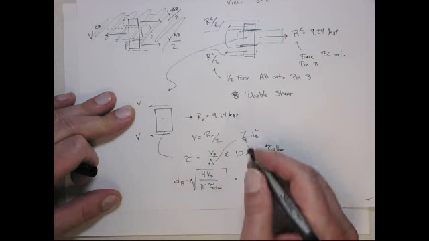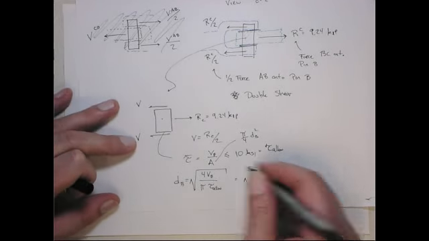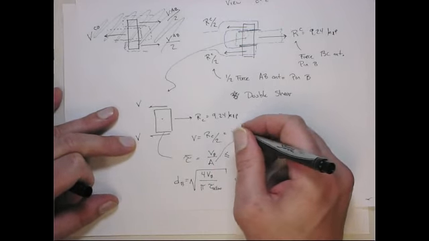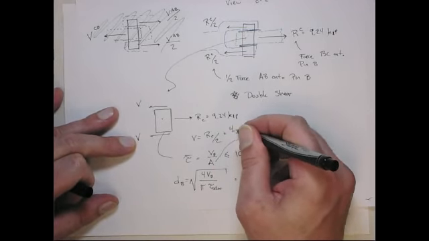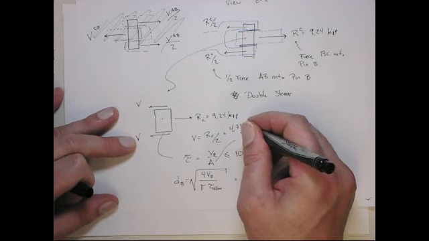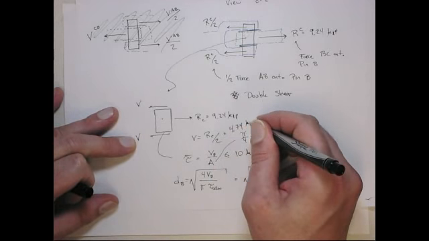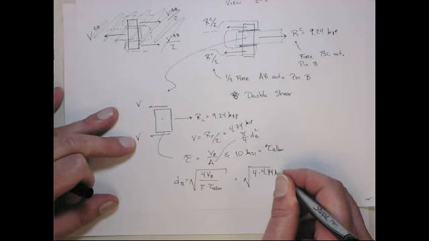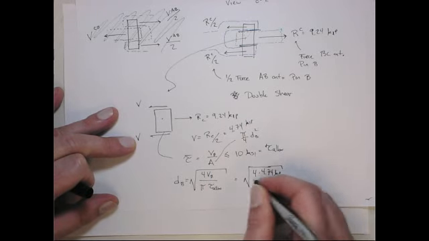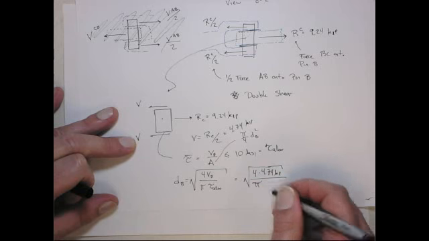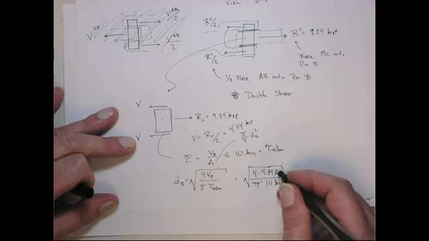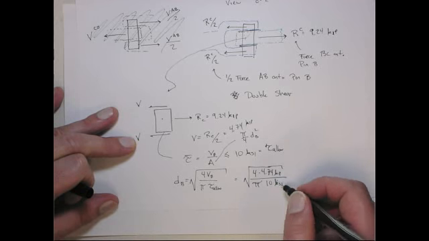So that is 4 times the reaction force V, which is half of this, so 4.74 kips, over pi, and then the tau allowable is the 10 ksi. Again, the 10 to the third terms drop out, pounds drop out.